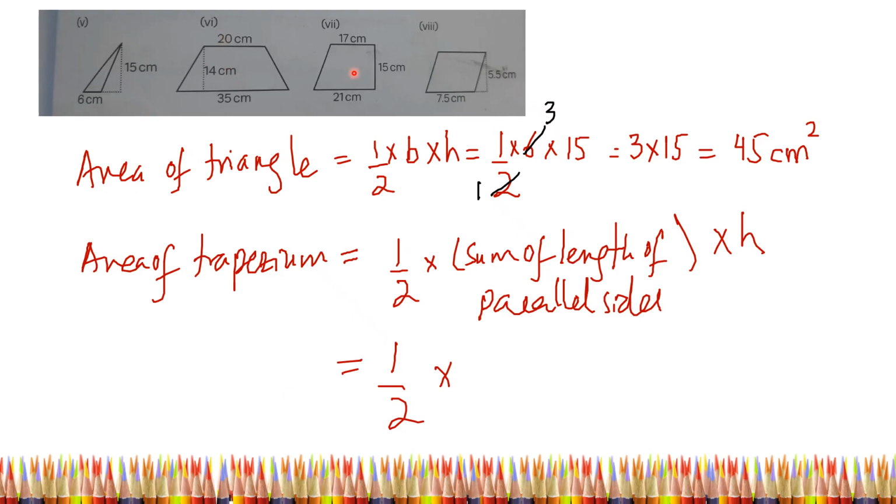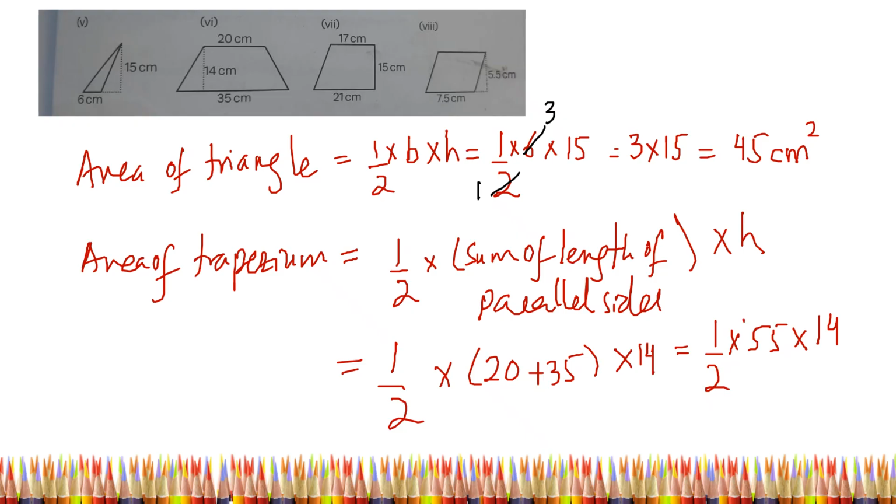Now 1/2, what is the sum of length of the parallel sides? Firstly, I need to know which the parallel sides are. This one and this one, these two are the parallel sides, and it's given 20 and 35 centimeter. So I will be writing 20 plus 35 here and multiply by, what's the height? The height is 14. So it will be 1 half. 20 and 35 gives me 55, and then I have 14.